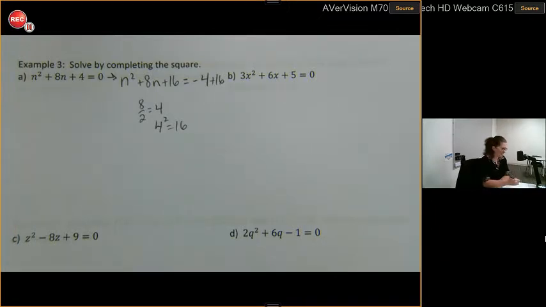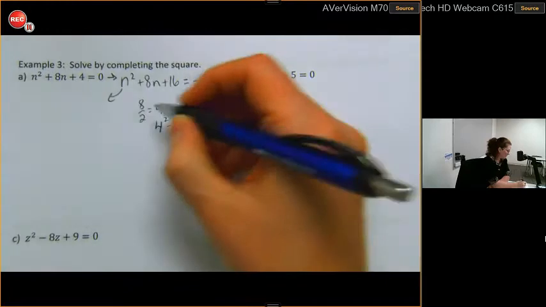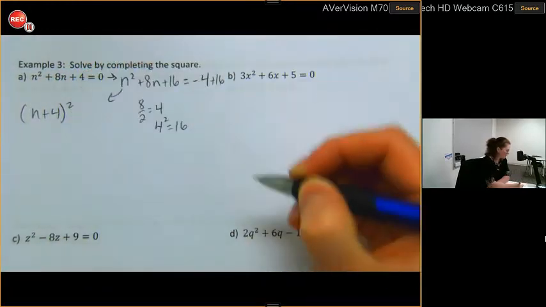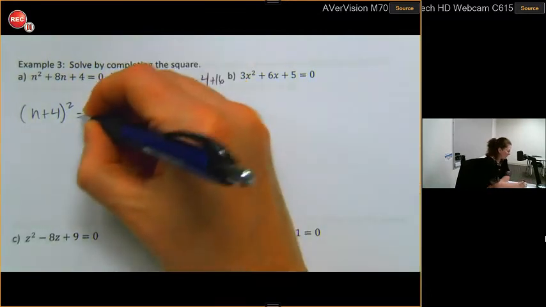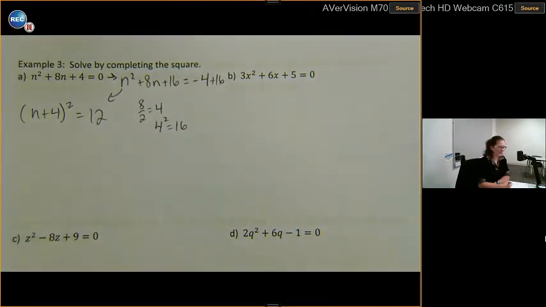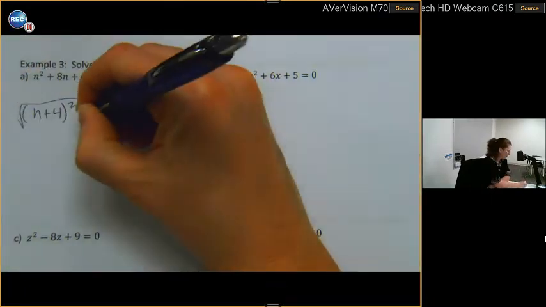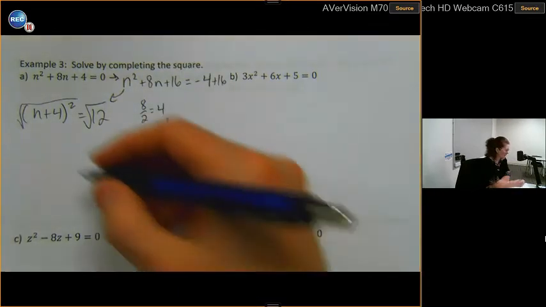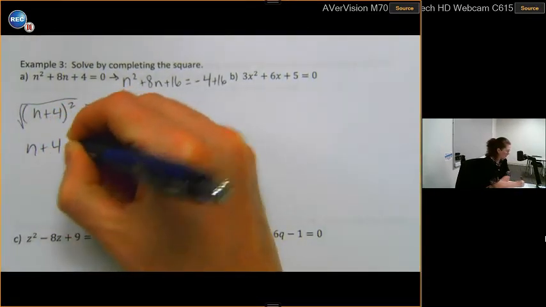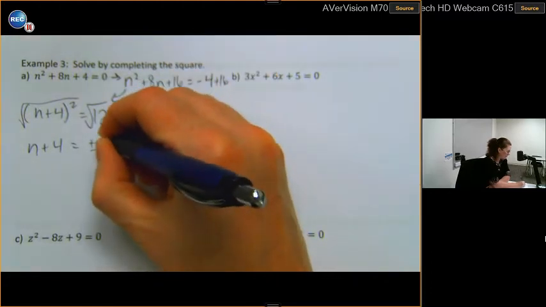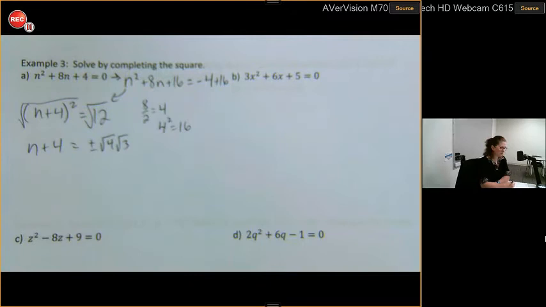So then I'm going to take this and factor it, and that's going to be n plus 4 squared equals -4 plus 16, which is 12, and then solve by taking the square root, just like we did in the last video in the first example. So we have n plus 4 equals plus or minus the square root of 12, which is 4 times 3.